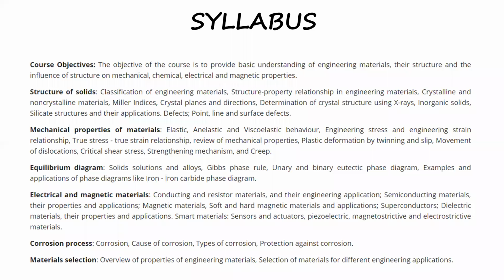So we will begin our discussion with the understanding of the structures of the solid, and that is going to make our first unit. We will first classify the engineering materials into a couple of subgroups, and our process will be, we will not study engineering materials as independent examples, rather we will study them in groups. For example, one particular group of magnetic materials.